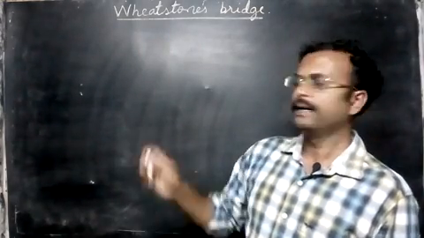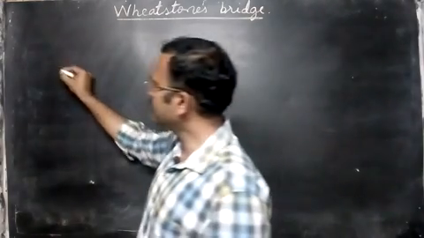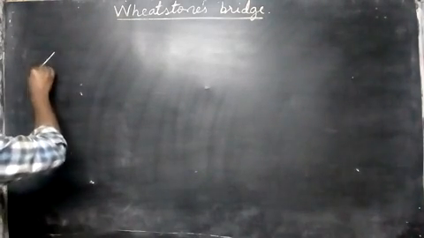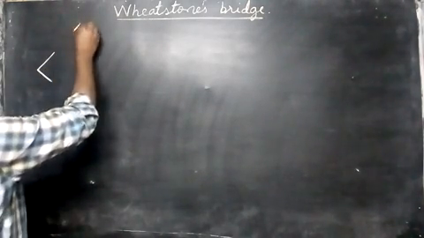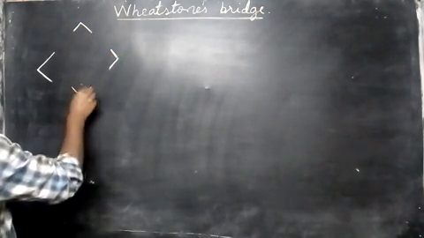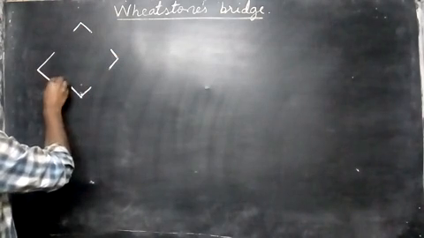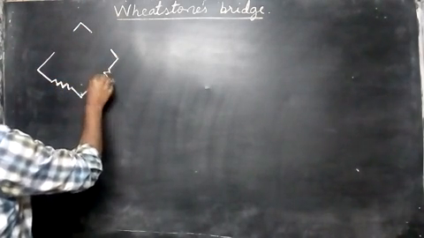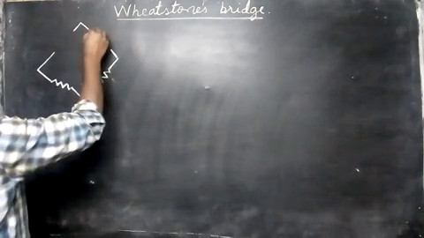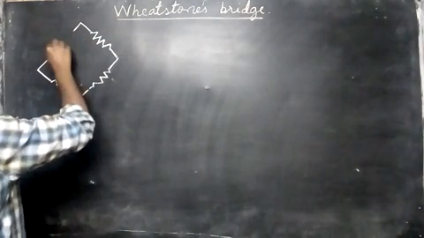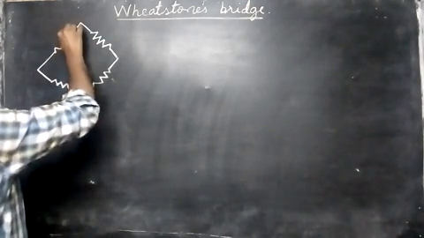Wheatstone bridge. Let us see the circuit here. In this circuit there are 4 resistors. I'll draw it here on this side. These are 4 resistors here.